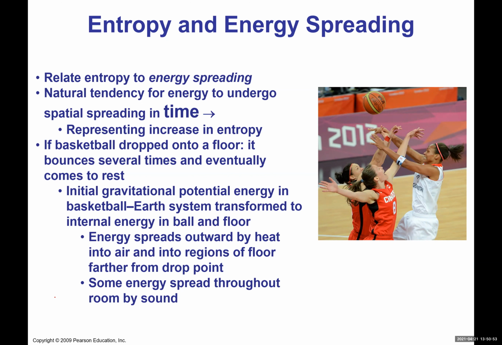We can see that if a basketball is dropped onto a floor, it bounces several times and eventually comes to rest. The initial gravitational potential energy in the basketball-Earth system is transformed to internal energy in the ball and the floor. Energy spreads outward by heat into the air, into regions of the floor further from the drop point. Some energy also spreads throughout the room by sound.